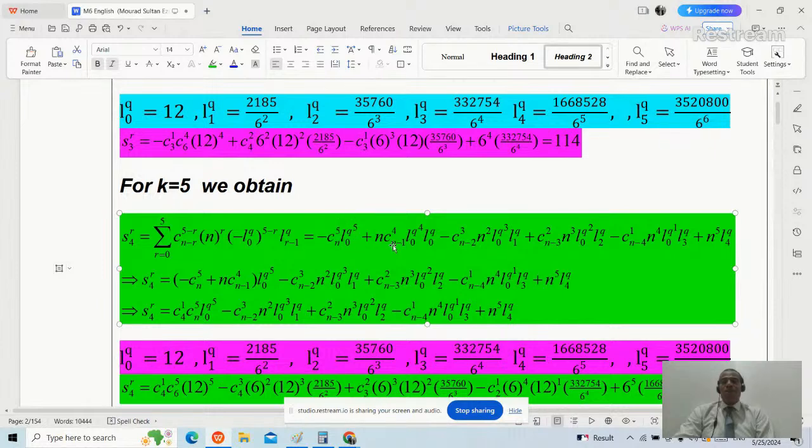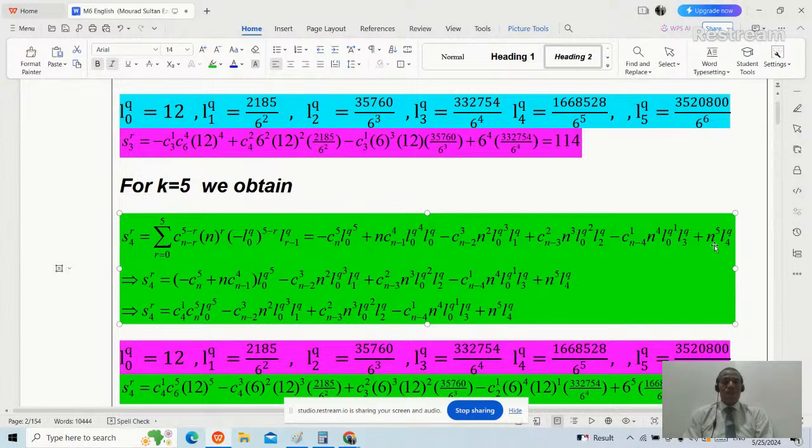Then minus combination n minus 2 choose 3 times n squared L0 of the q raised to the power 3 times L1 of the q, plus combination n minus 3 choose 2 n cubed L0 of the q raised to the power 2 times L2, minus combination n minus 4 choose 1, because r is 4, n minus 4, then 5 minus 4 is 1, n raised to the power 4 L0 of the q raised to the power 1 times L3 over the q.